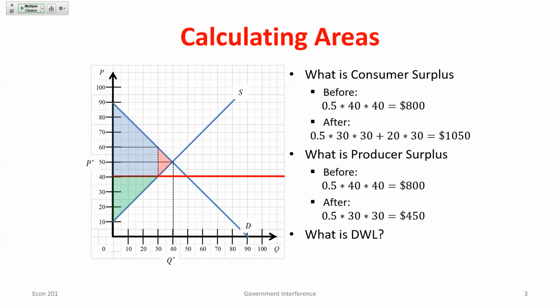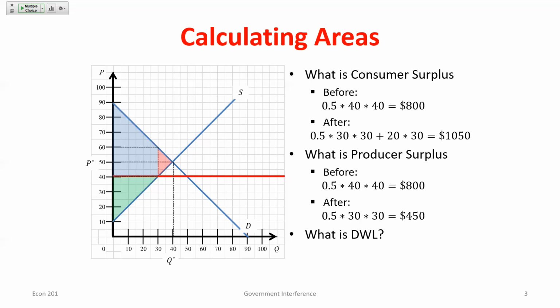Well, producer surplus was 450. Consumer surplus was 1050. So we've got 1,500. The deadweight loss should just be 100, right? Total surplus went down by 100.